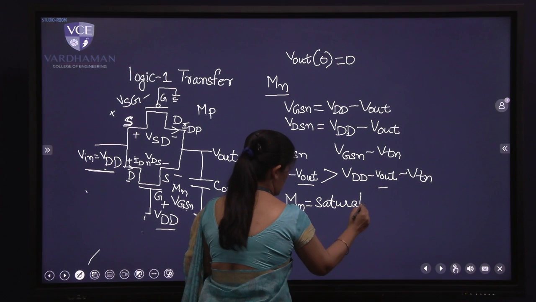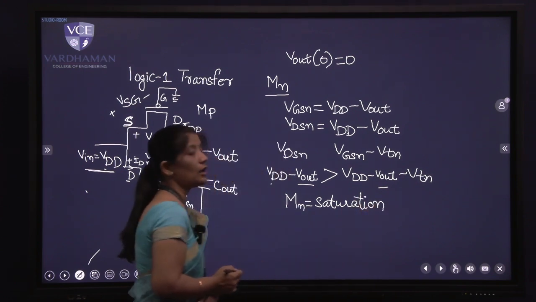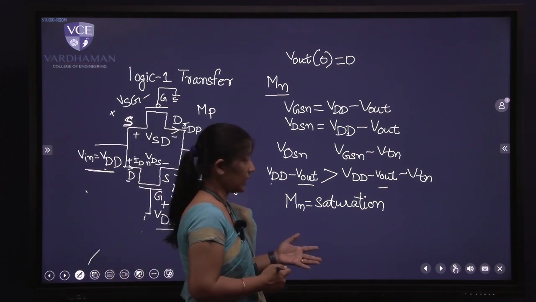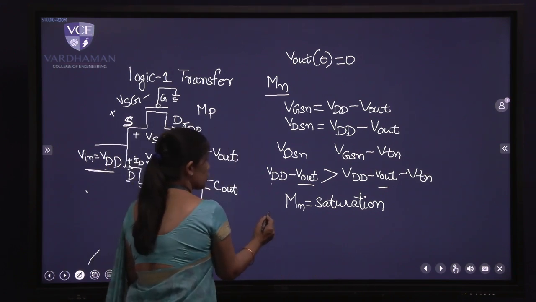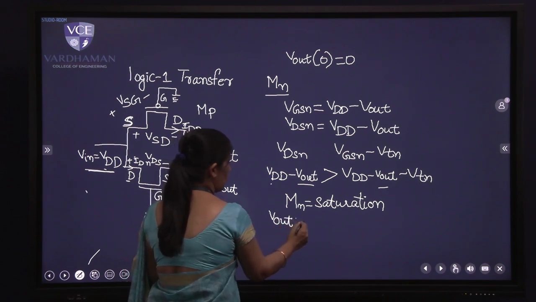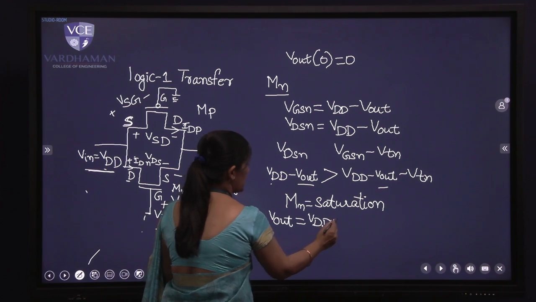That is what I can infer from the relationship. Till which point it is in the saturation region, that we also have to figure out. In the output, we will have a limitation for NMOS that it can transfer only till VDD minus VTN.